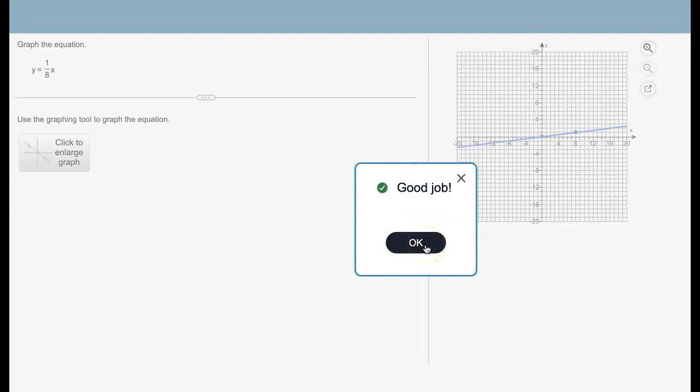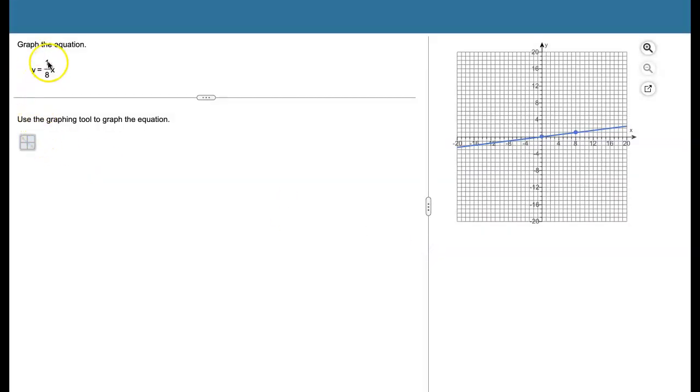Now, if you don't want to actually go through the whole thing of calculating the points, then what we could do instead is actually interpret the slope that we have here and use it that way. And so what I'm going to do is come up with a similar question. So we're going to use this one.